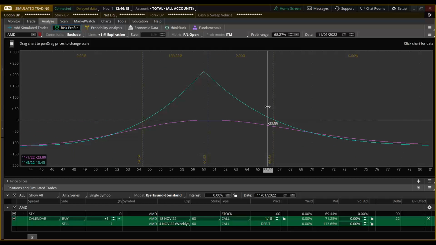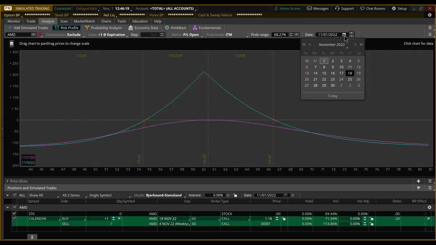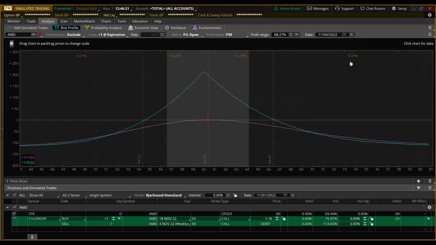Okay, so there's our profit window. The fronts expire here on November 4th. So let's see what one standard deviation. Now this looks good at first glance, but where we left off in the last webinar was talking about modeling IV crush.